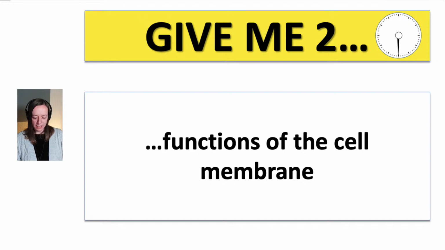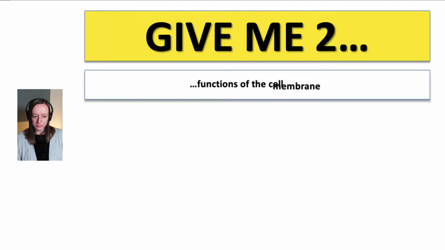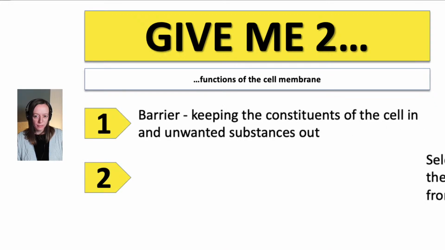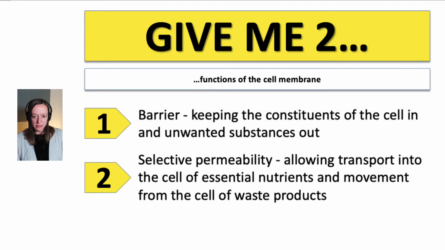Yep, excellent. Let's see what I have. So as a barrier, well done. So keeps the constituents of the cell in and unwanted substances out. And then you can also say it has selective permeability. Yep, so Mary is saying cell membrane, also known as the phospholipid bilayer, controls substances or molecules movement in and out of the cell. Yep.